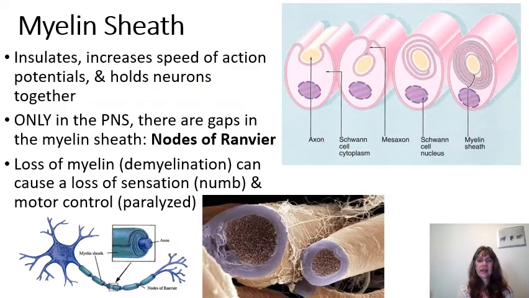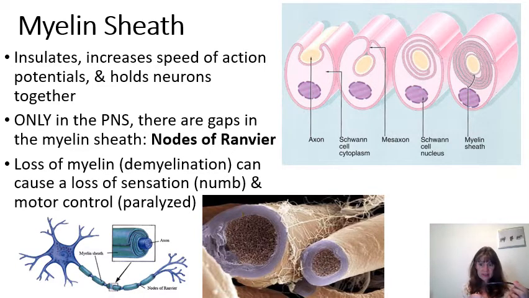Here is an example of what the myelin sheath is. As a membrane wraps around an axon, it continues to wrap and wrap and wrap. Just as if you were to take a Band-Aid and wrap it around your finger many times, there would be many layers. And those layers of membrane that has a lot of phospholipids are going to make a nice insulation.